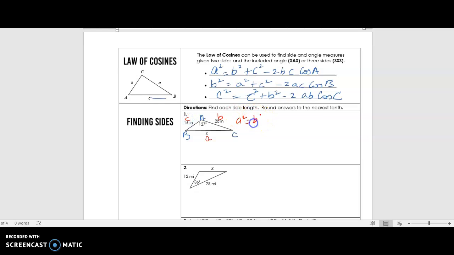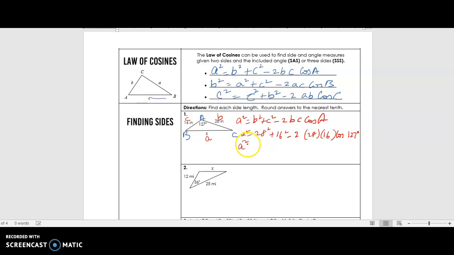So a squared equals b squared plus c squared minus 2 times bc cosine of angle A. So a squared is equal to, in this case, b is 28 inches, 28 squared, plus c squared, 16 squared, minus 2 times 28 times 16 cosine of 127 degrees. Okay, all of this could be put into the calculator, carefully, one at a time.